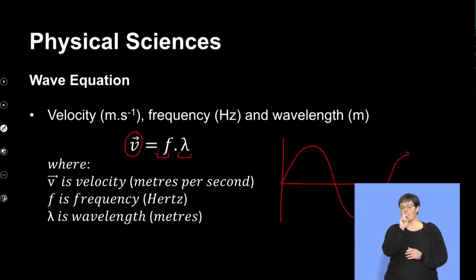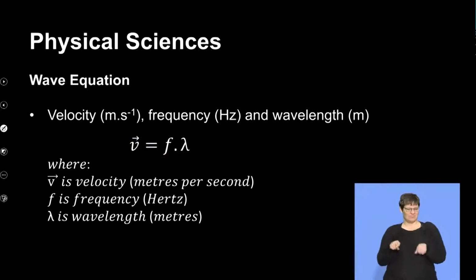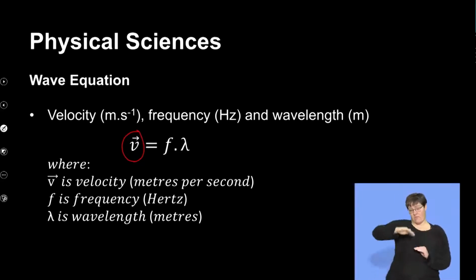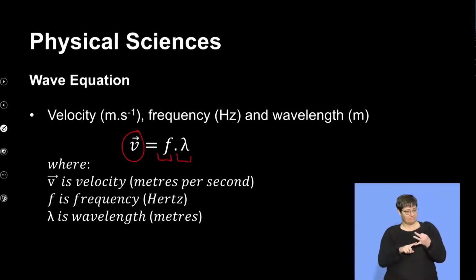We often refer to a wavelength as the distance between two consecutive crests or two consecutive troughs. With the wave equation, as I said earlier, we can use it to calculate the velocity of a wave when we have its frequency and its wavelength.